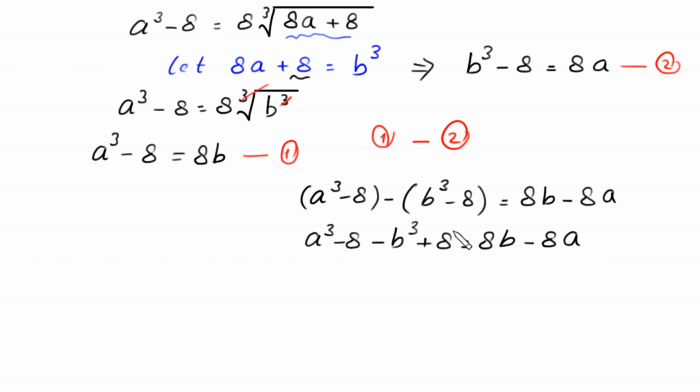Now this positive 8 will be cancelled out with this negative 8, and at left hand side we are left with a cubed minus b cubed. We move this negative 8a to the left hand side, it will become plus 8a, and we move this 8b to the left hand side, it will become negative 8b, is equal to 0.